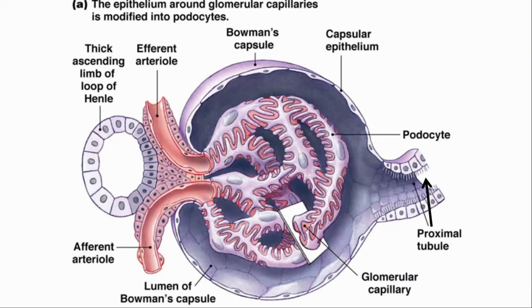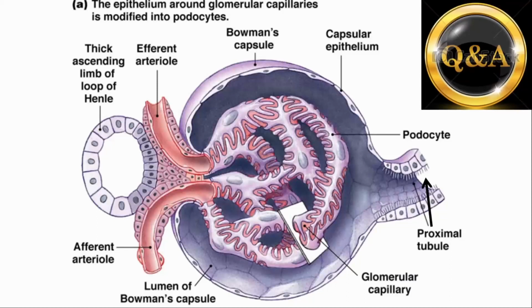What are we going to collect from this image? First of all, that the parietal layer of Bowman's capsule is simple squamous, and then between the parietal and the visceral there's a space called renal space, and we can see the visceral layer of Bowman's capsule covering the capillaries.